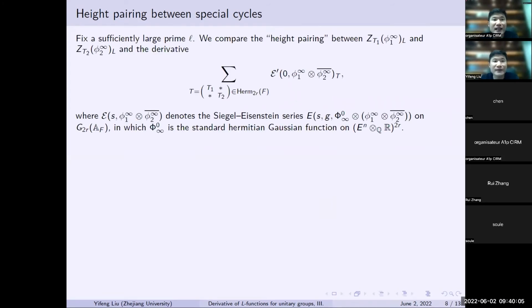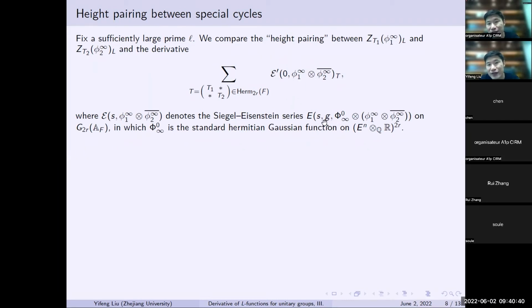So we now fix a sufficiently large prime L. In what follows, all height pairings will be with respect to this L. And the strategy is to compare the height pairing, I'm giving a quotation mark here, and I'll explain why there is a quotation mark, between the Kudla special cycle Z(T_1) with the moment matrix T_1, and also the other one with moment matrix T_2, and with this derivative. And what is this?